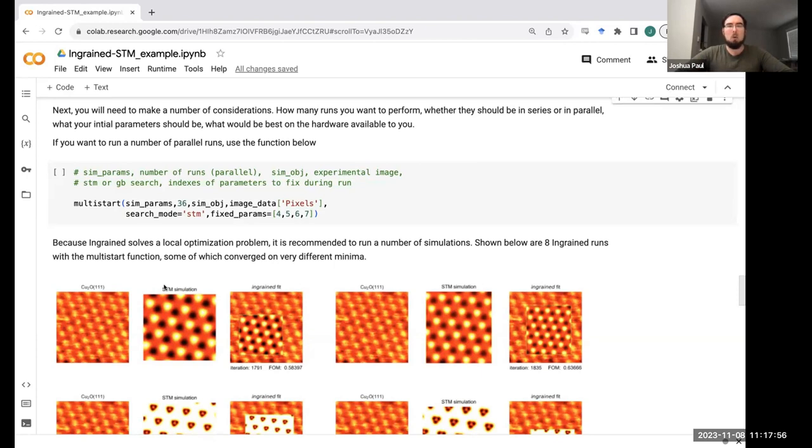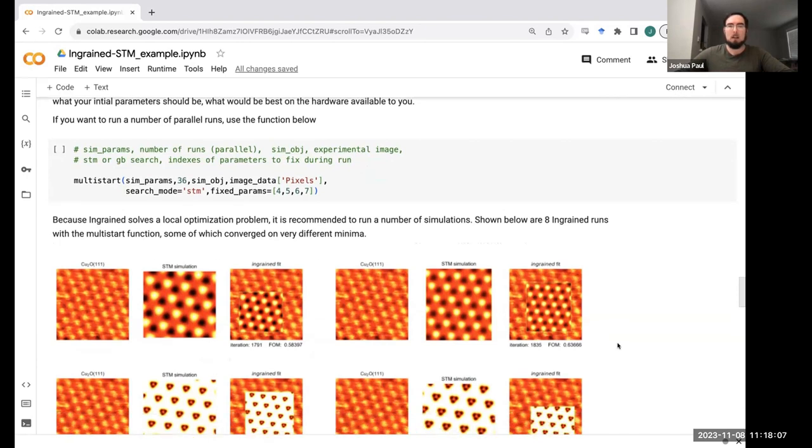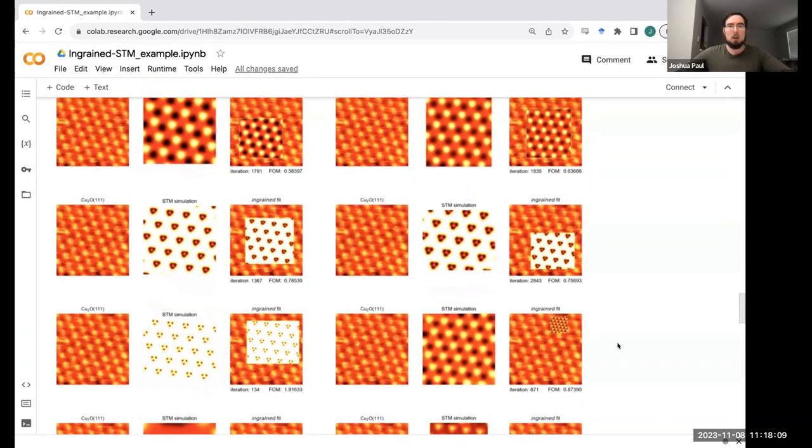In either case, you'll want to, as I said, run the calculation many times, because depending on your starting point, you'll end up reaching different minima in the energy landscape, as demonstrated here.